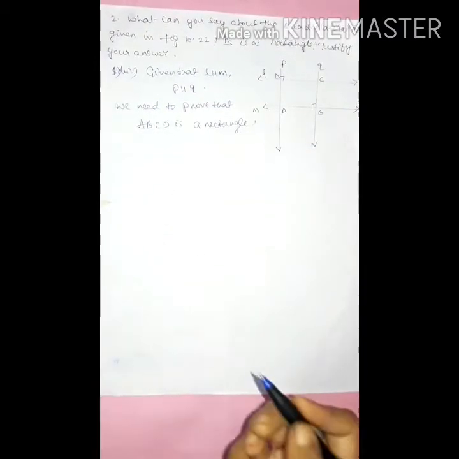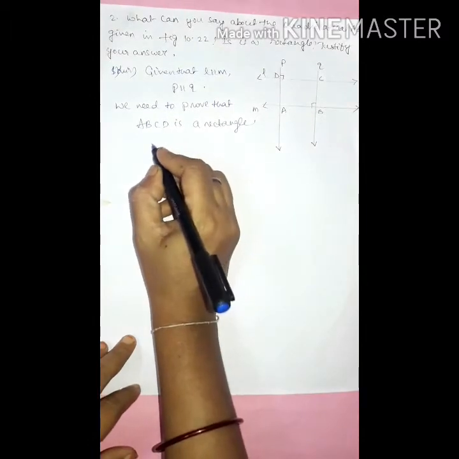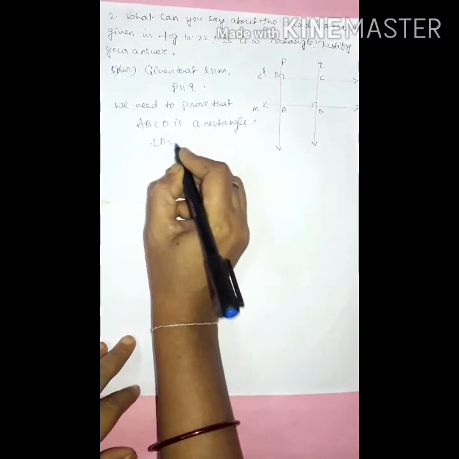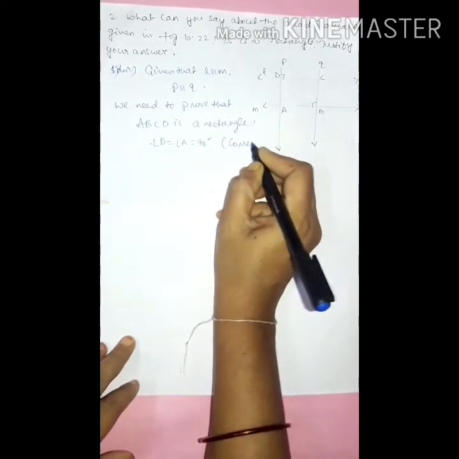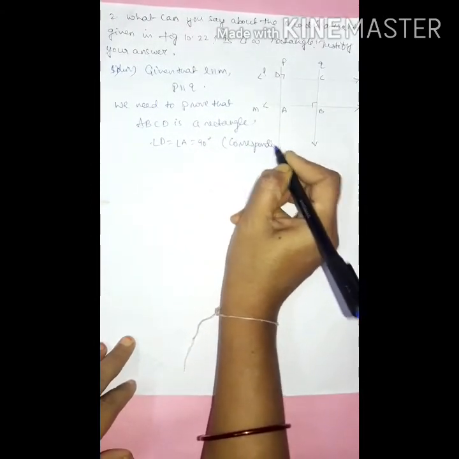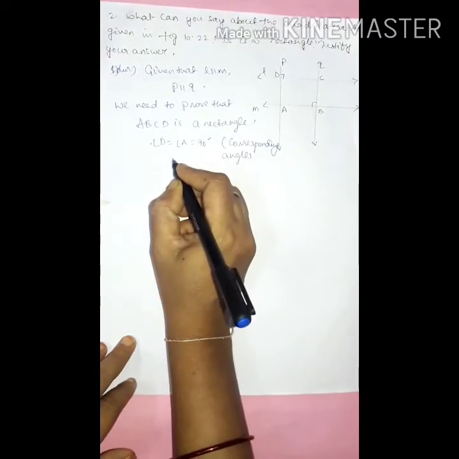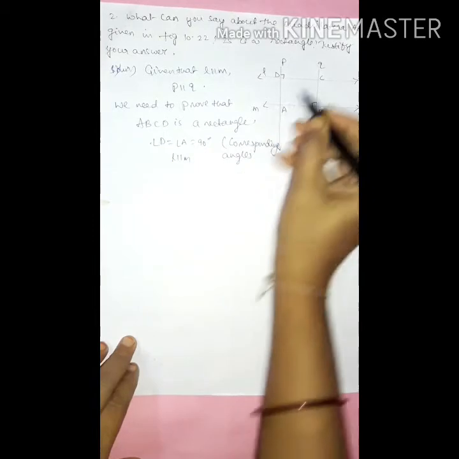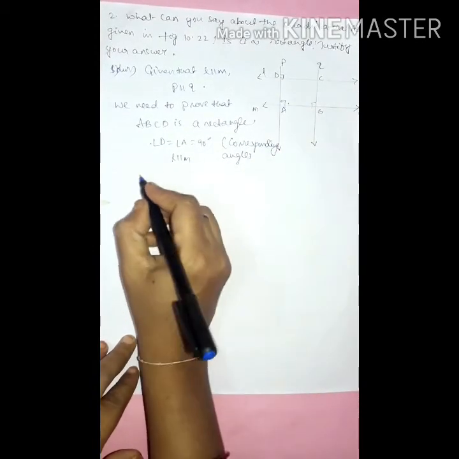We already proved that L is parallel to M. So angle D equals angle A equals 90 degrees. These are corresponding angles, because it is already given that L is parallel to M. This angle PDC is equal to angle DAB, 90 degrees, corresponding angles.